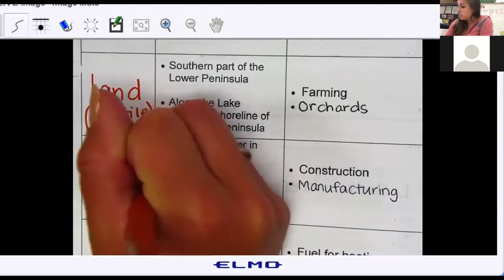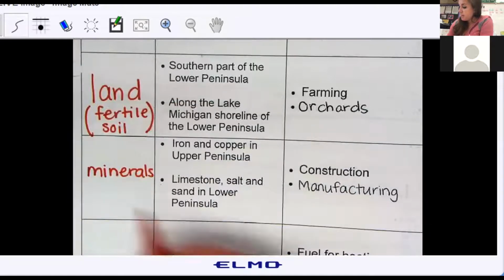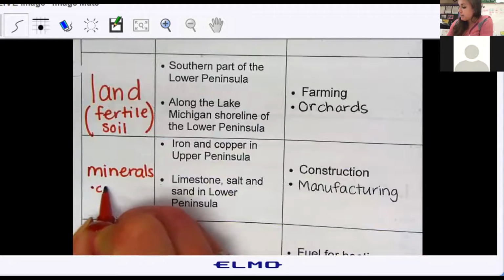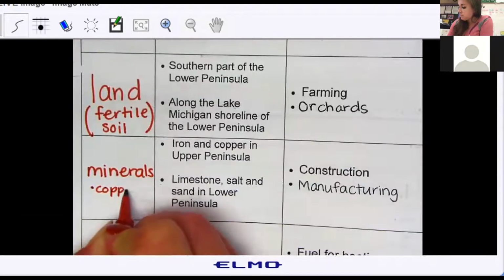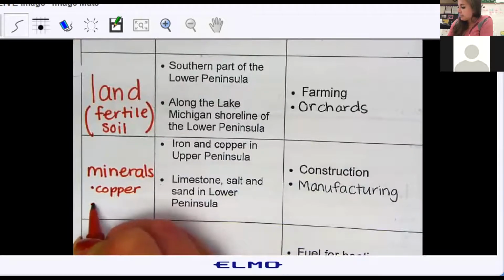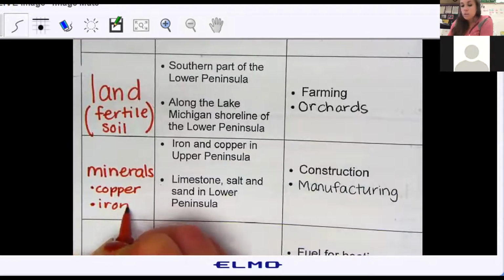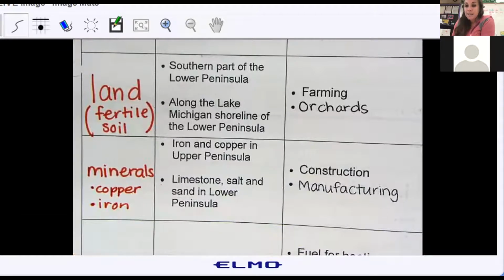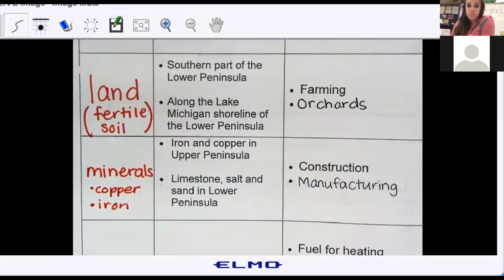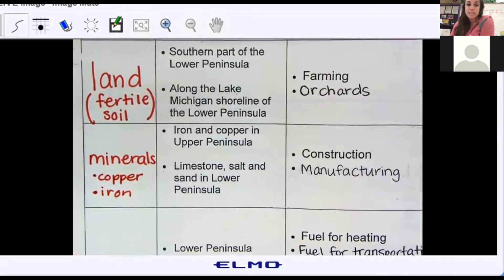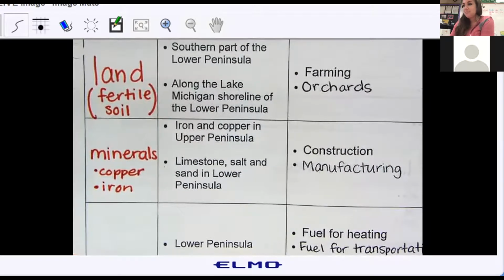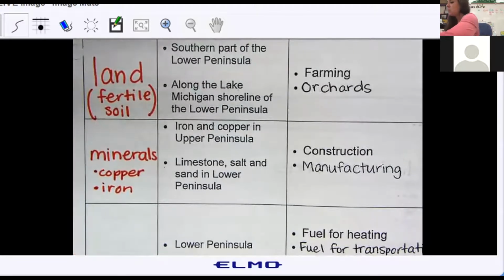The big minerals we'll learn more about in Michigan are copper and iron. Those are minerals that are found a lot in Michigan, or at least they were before we mined them out of Michigan.